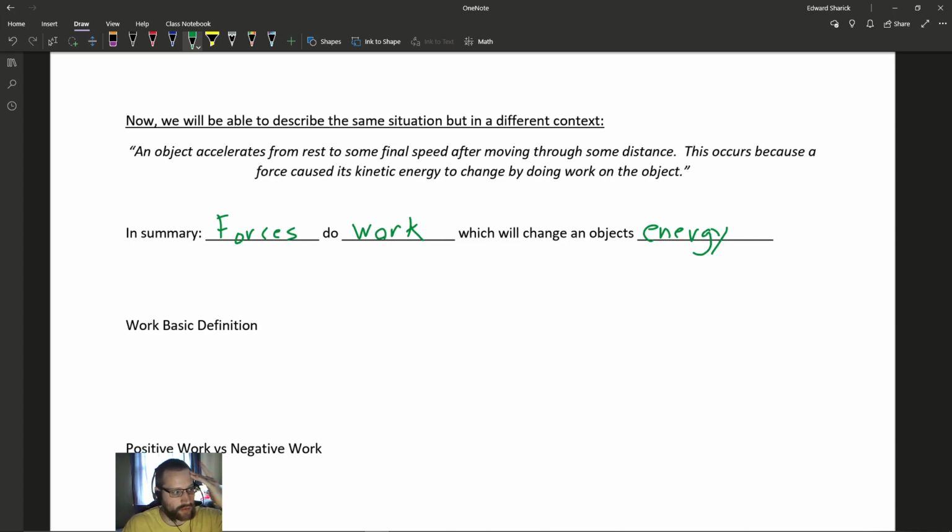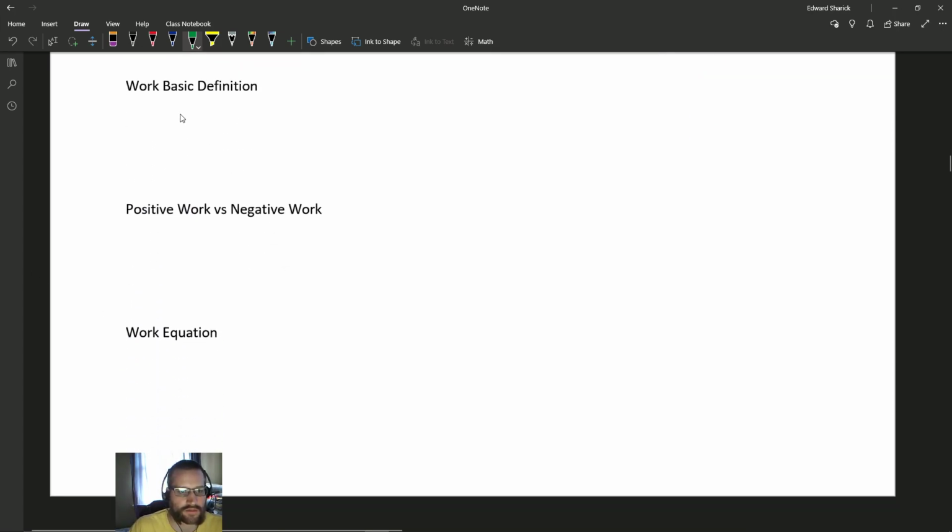So let's define what work is, this new concept that we have here.